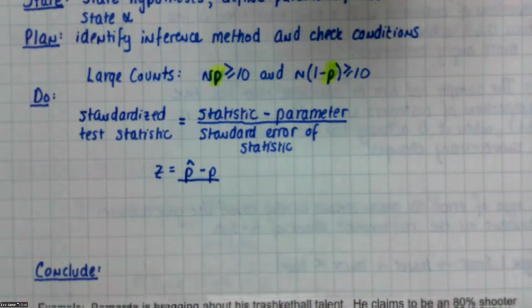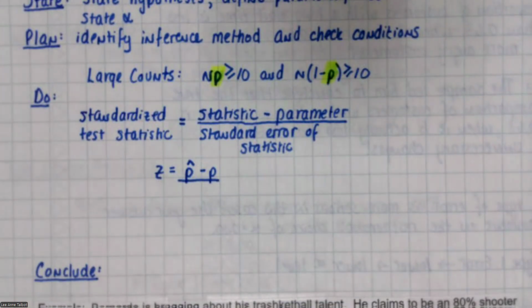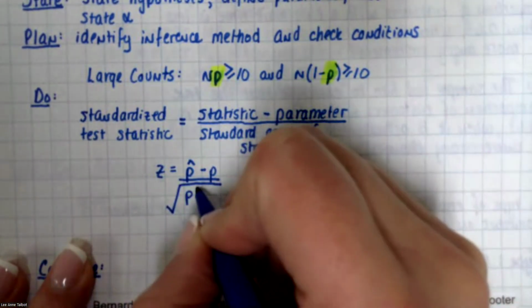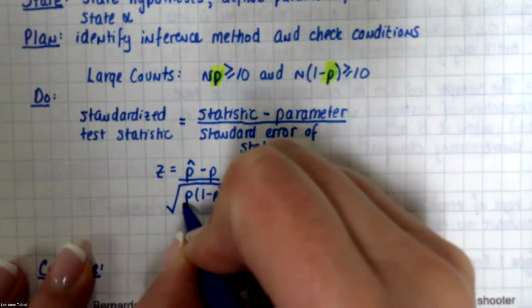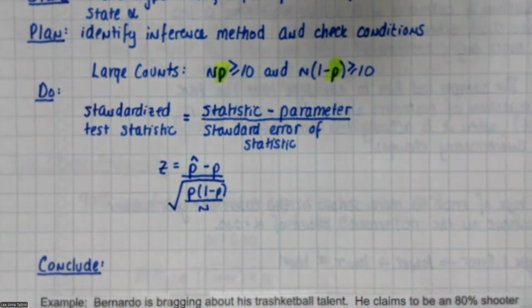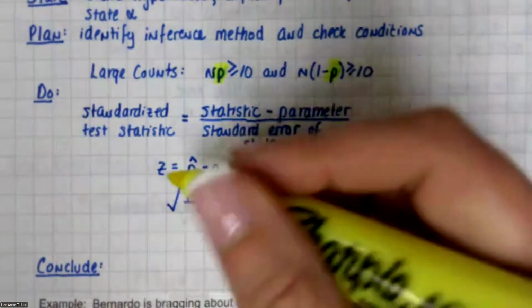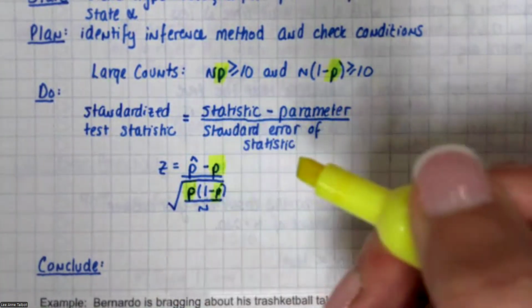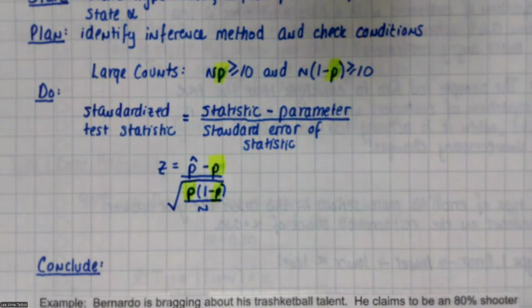Okay. So we have the square root of P times 1 minus P over N. Take your highlighter and highlight all three P's. This little bit is for my visual learners.